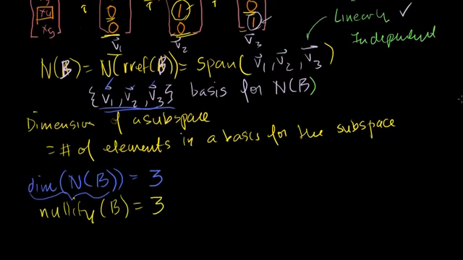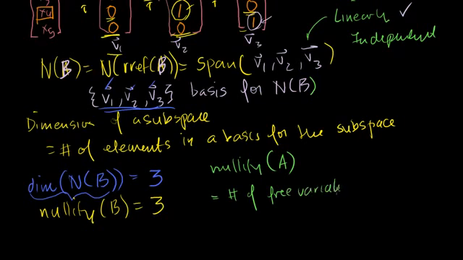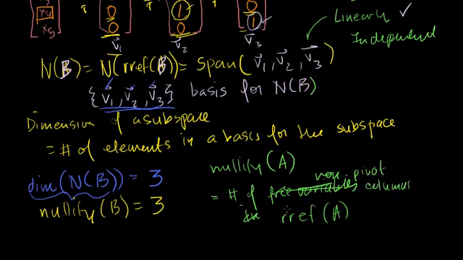So in general, the nullity of any matrix, let's say matrix A, is equal to the number of free variable columns, or the number of free variables in the reduced row echelon form of A. Or I guess we could say the number of non-pivot columns is the best one. The number of non-pivot columns in the reduced row echelon form of A, because that's essentially the number of free variables.